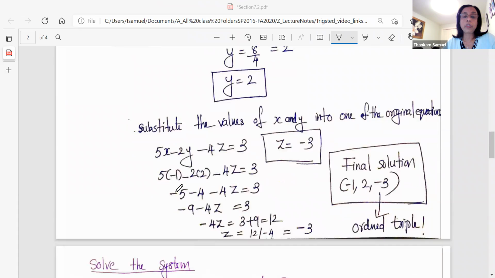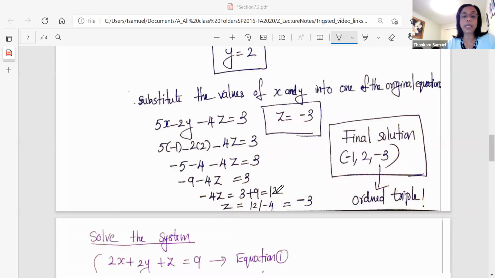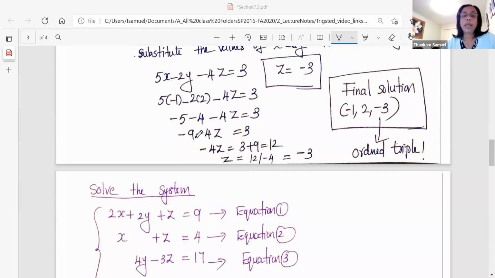And when we solve for z, we substitute -1 and 2 here, we have -5 minus 4 minus 4z equals 3. And we can combine this, -9 minus 4z equals 3. And when we solve for z, divide both sides by -4. So z equals -3. So we got the value of three variables.